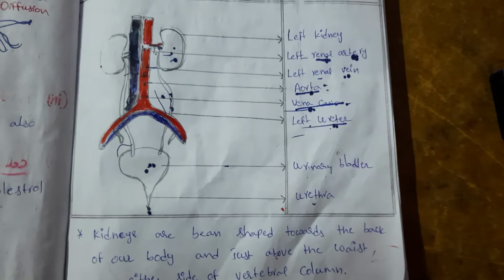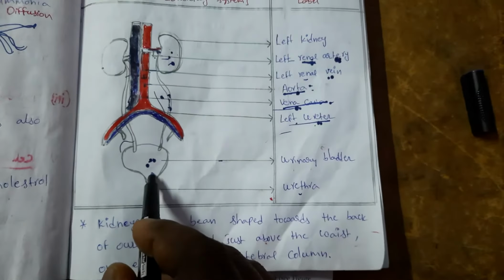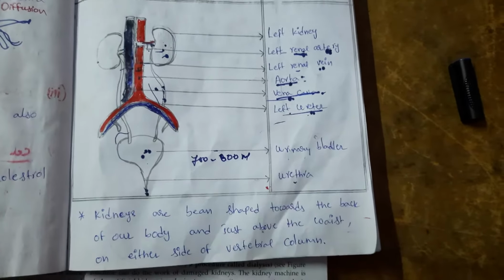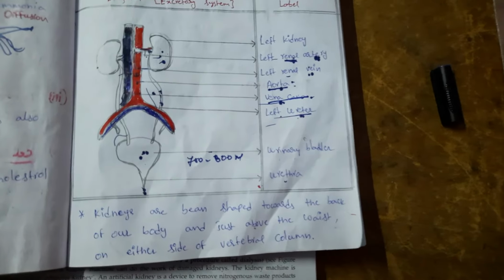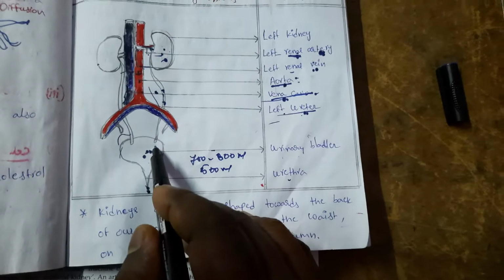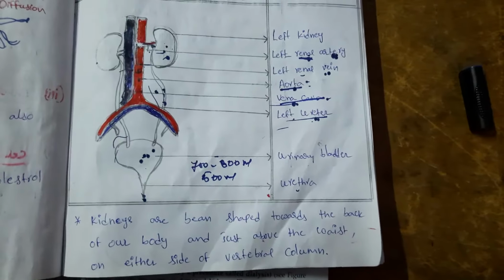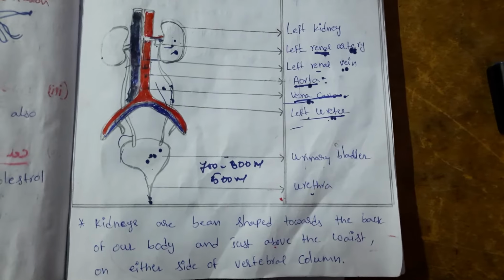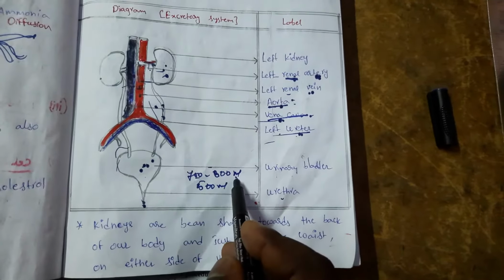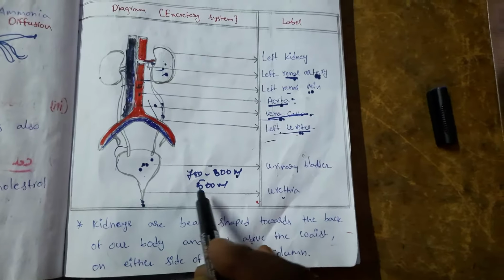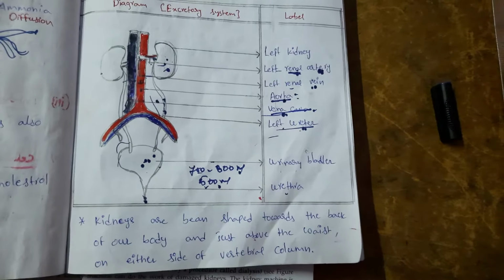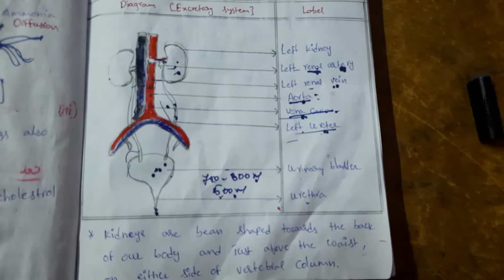Its total capacity is 700 to 800 ml, but when 500 ml of urine is present in the urinary bladder, it gives the urge to release urine, because the muscles become stretched.